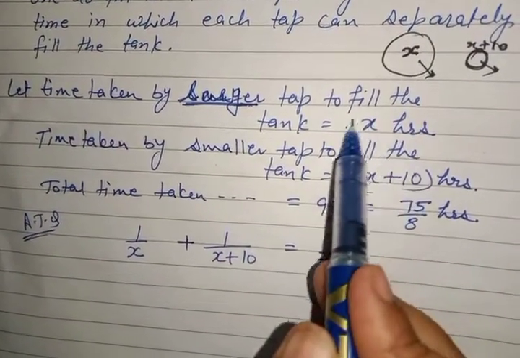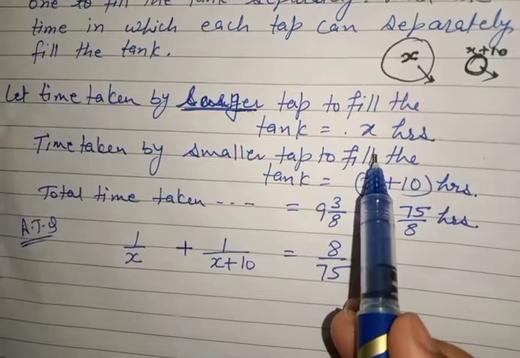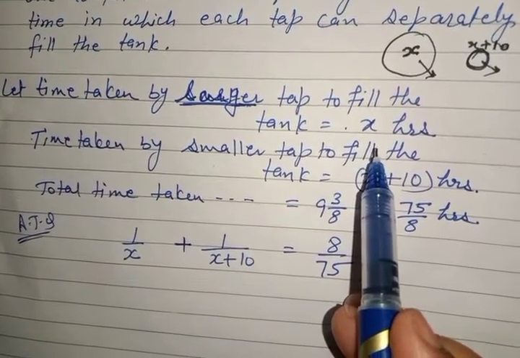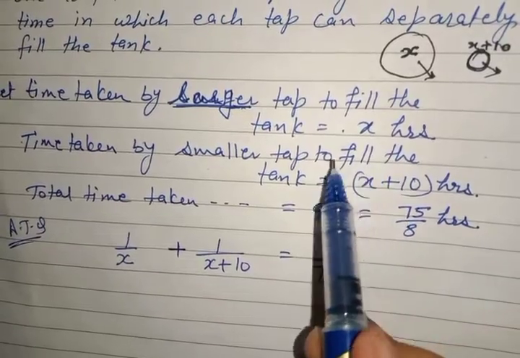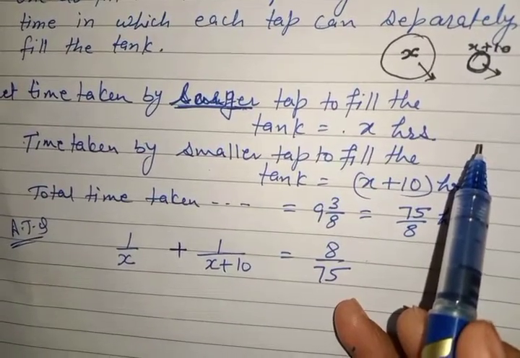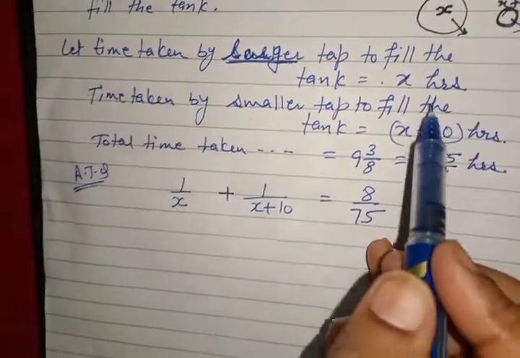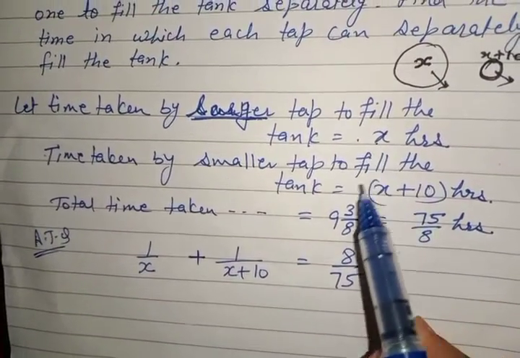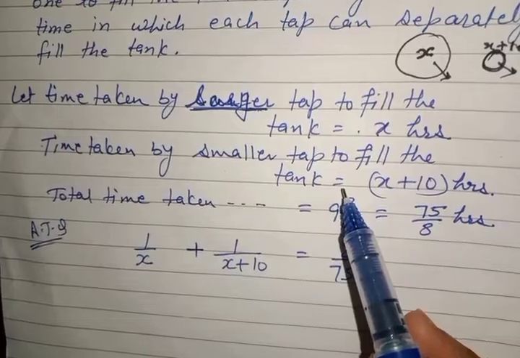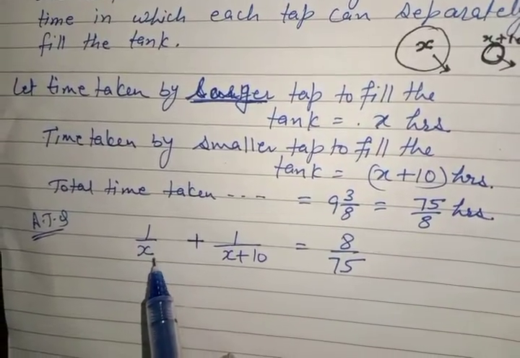Just like we did a question of men and women in the third chapter, that one man can complete the work in x days and another in y days. Similarly here, if the total time is x, then in 1 hour how much of the tank will be filled? 1 by x will be filled.